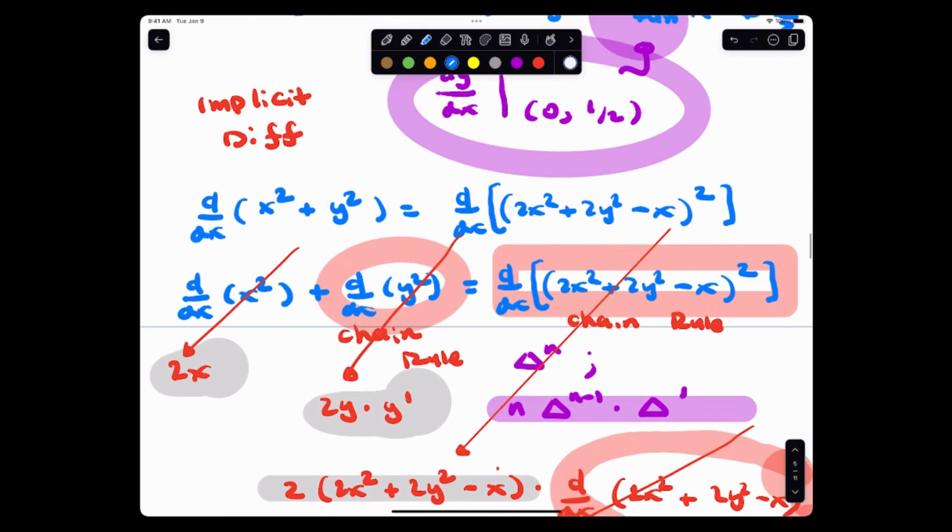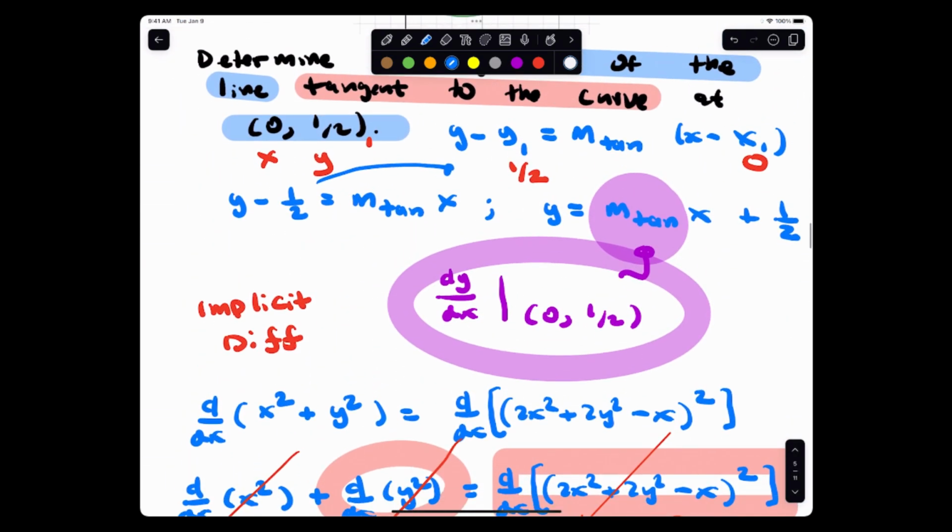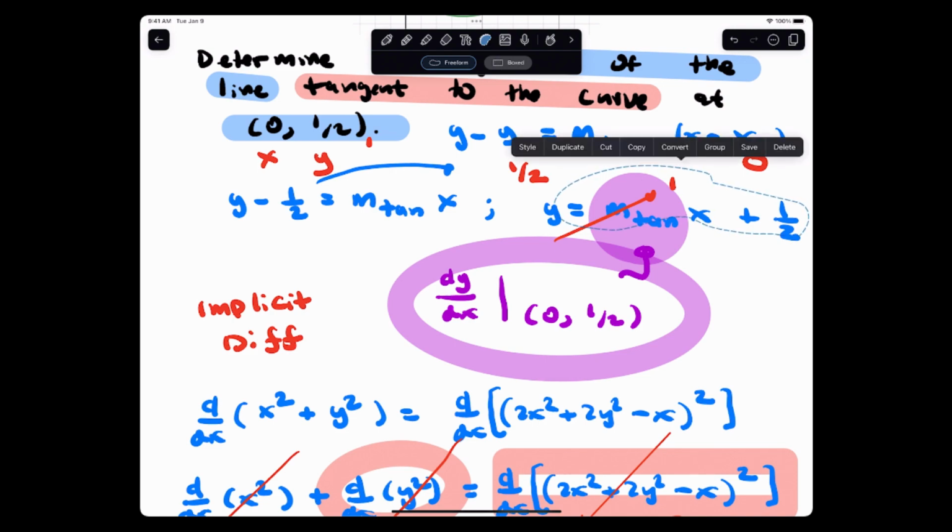So what did you guys just find here? That this is really the number what? 1. And final answer, we go back and this is 1 here. Copy that.